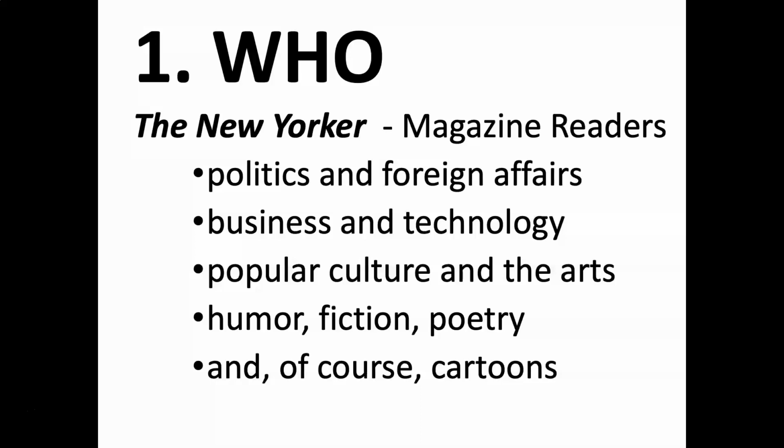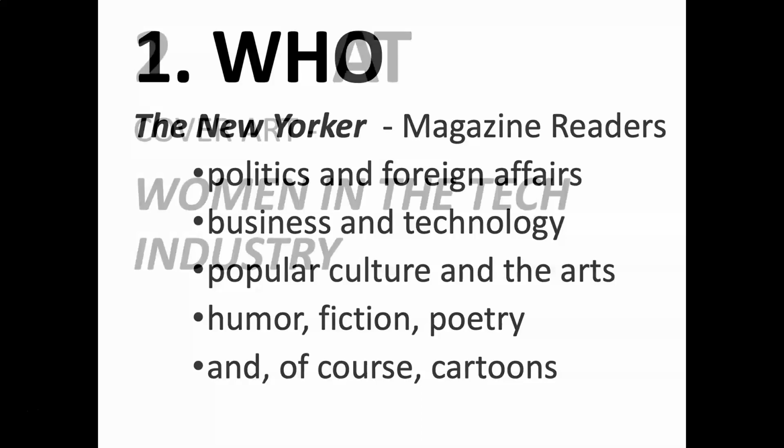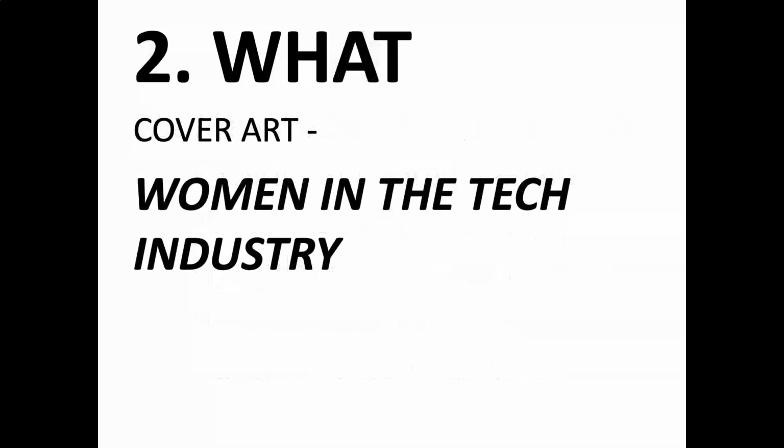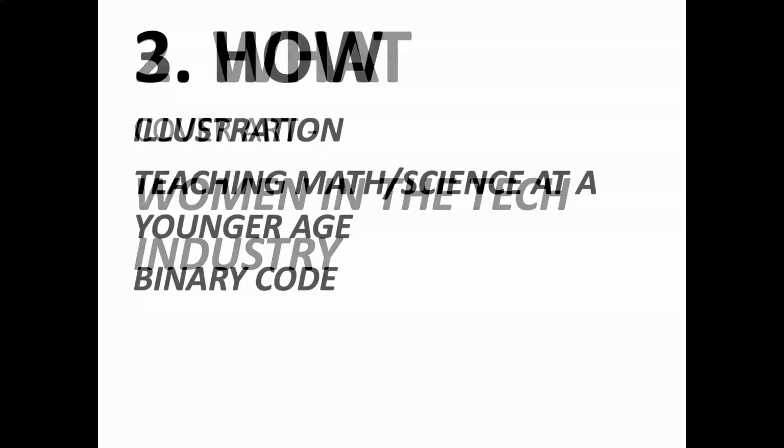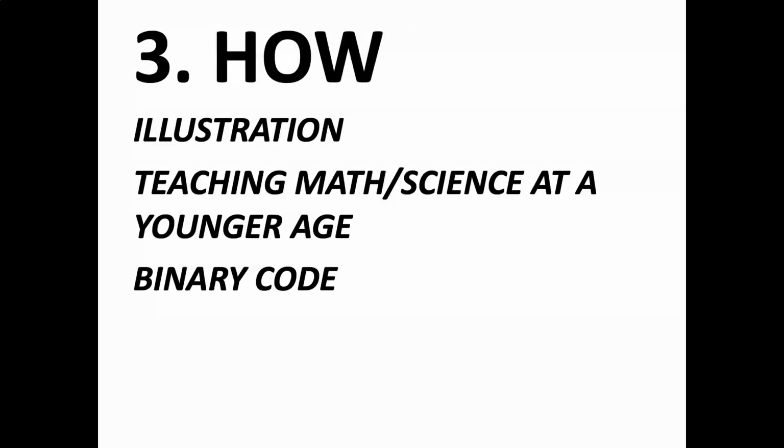So, what is it that we are trying to communicate? With that cover art, the big overarching storyline in that particular issue is women in the tech industry. So the third question is, how do we communicate that? They did an illustration about math and science and starting to teach girls at a younger age, not waiting until they get in college.